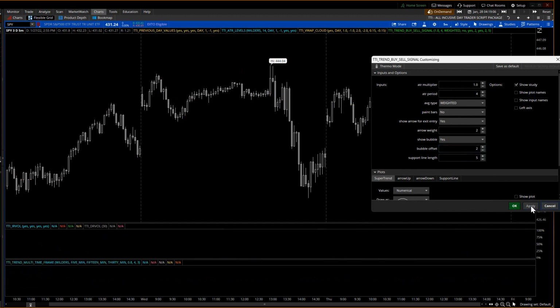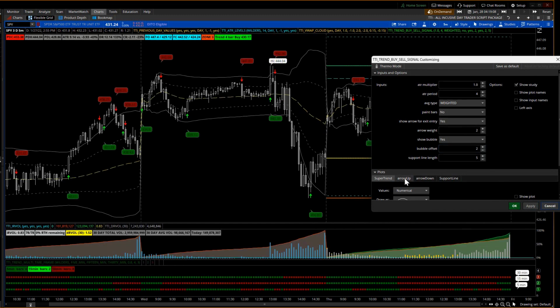So if you put it to 2, it shows that bubble $2 below whatever the price was generated at. So I don't know if that makes sense, but if you leave it at 0, it uses a default calculation and just kind of puts it near the bar that it was triggered at.